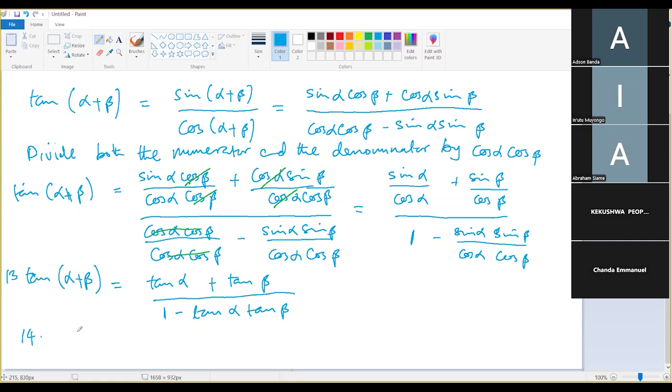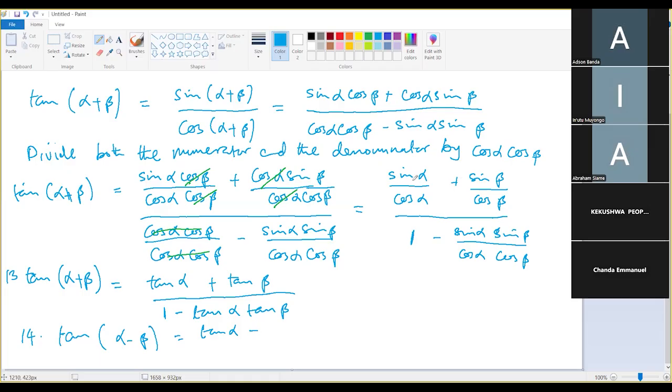Let me just give you another identity, which is the tangent of alpha minus beta. In this case, all you do is replace beta by minus beta in 13. What you are going to get is the tangent of alpha minus beta.